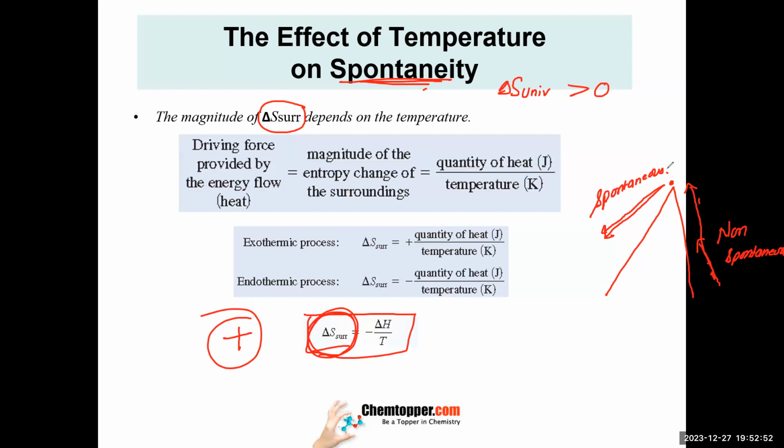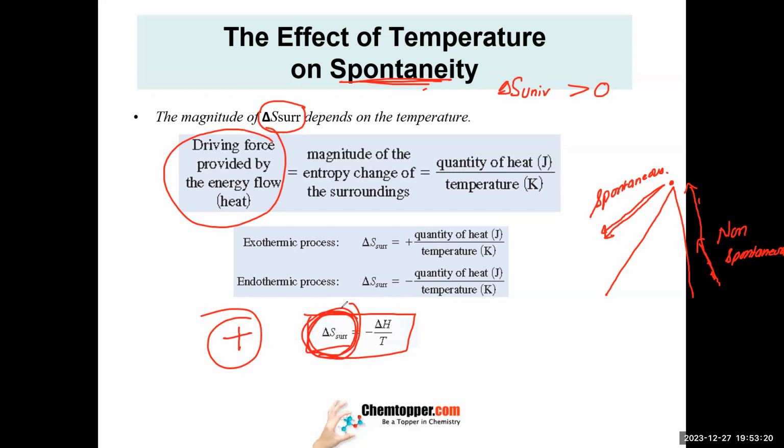So some processes in nature are taking place on their own. We don't require anything for that. Those processes are spontaneous. Similarly, driving forces which can give energy are generally considered in terms of delta S surroundings. When delta S surroundings is positive, then that process will be spontaneous.